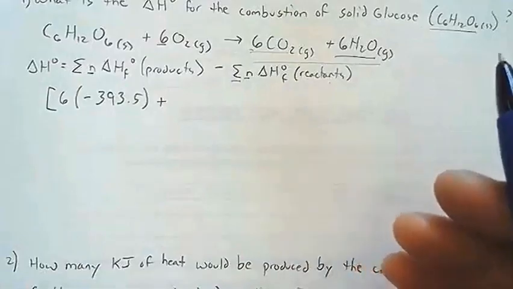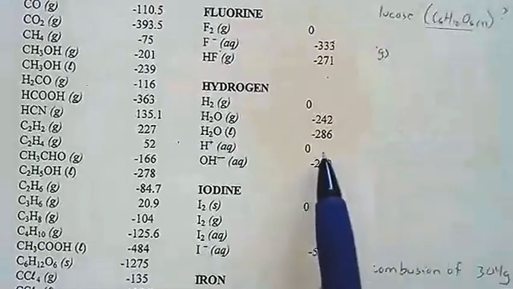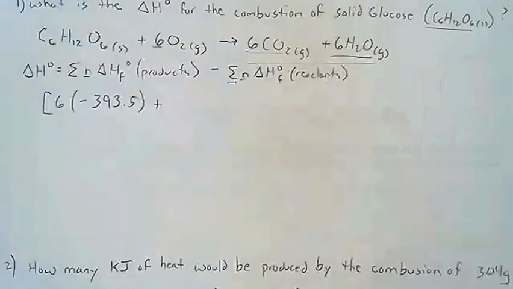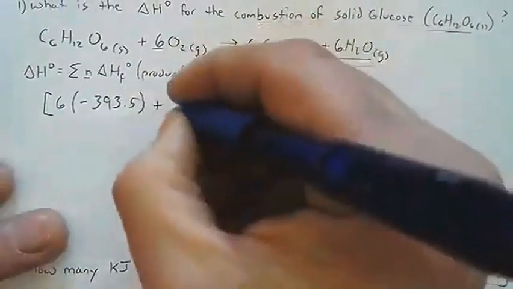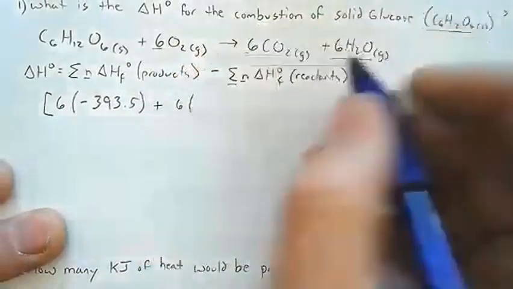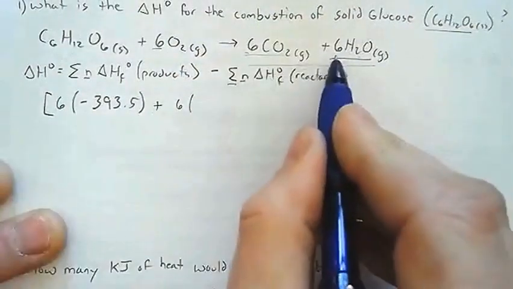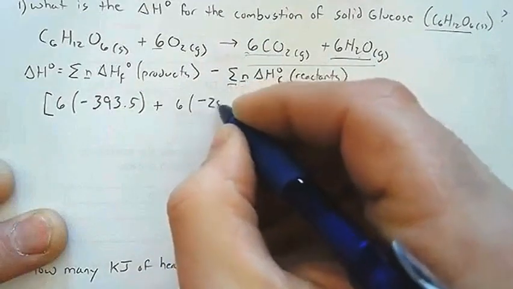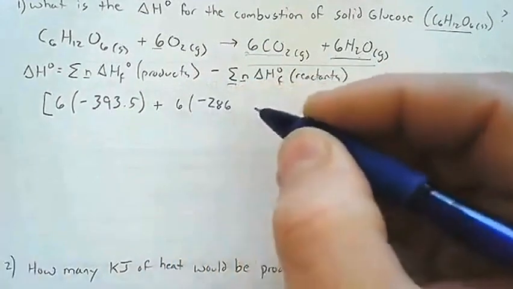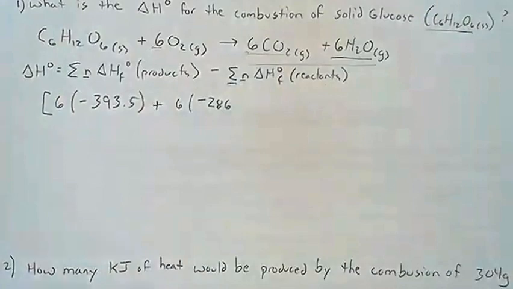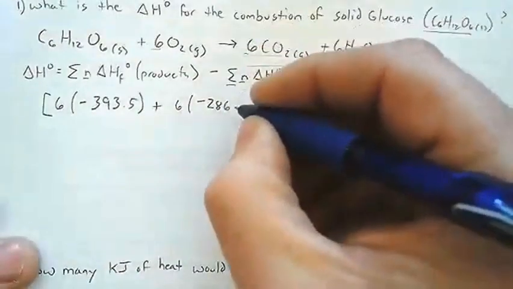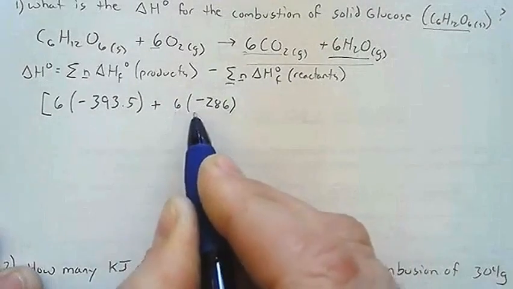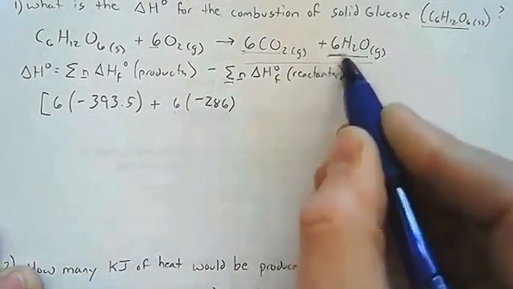Now, when we look up gaseous water, we see that it is negative 286 kilojoules per mole. And since the coefficient is 6, we have 6 moles times the negative 286 for the water.